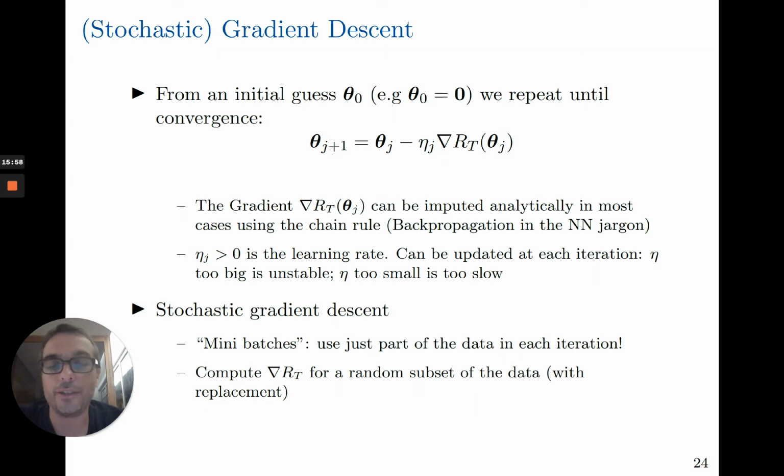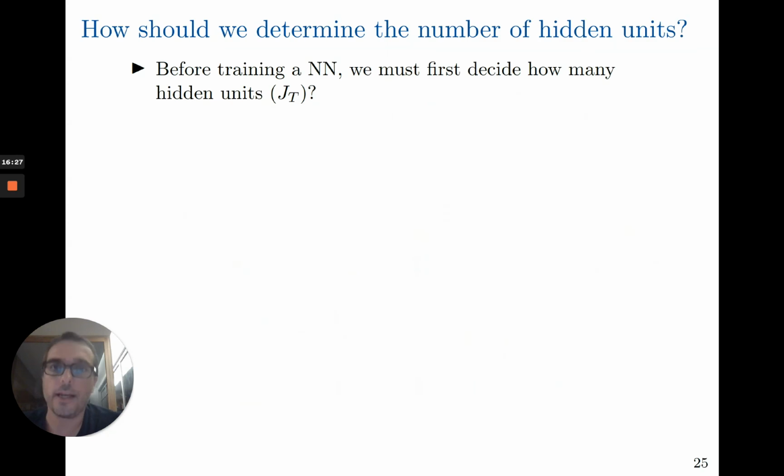Instead of using all the data, in each iteration you just use mini batches. You randomly pick part of your data, and in each iteration you use a different subsample of the data. This can dramatically speed up the process. We are talking about gazillions of data, not something that you're going to see frequently in economics or in finance unless you really go into high frequency.